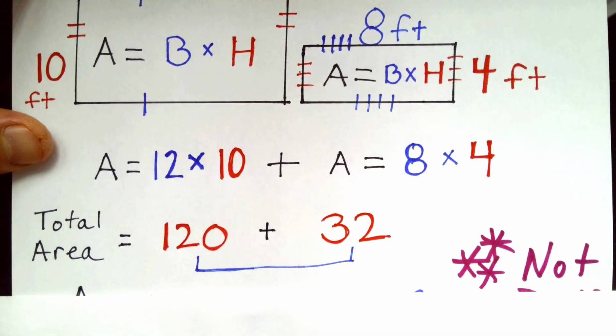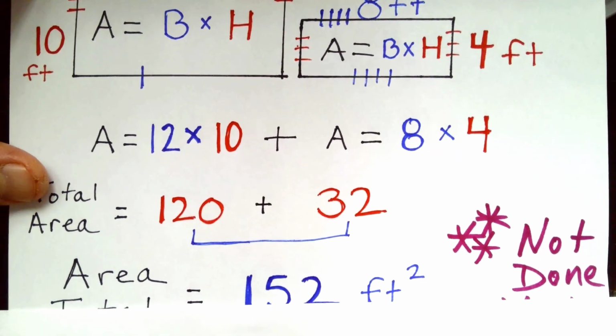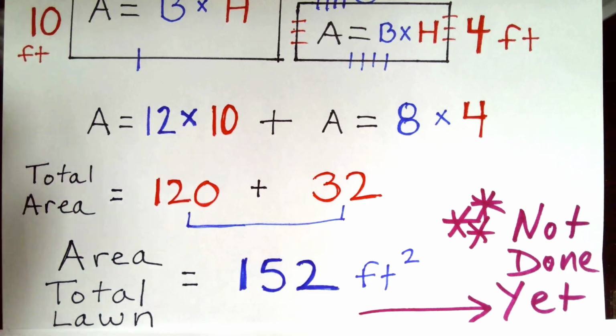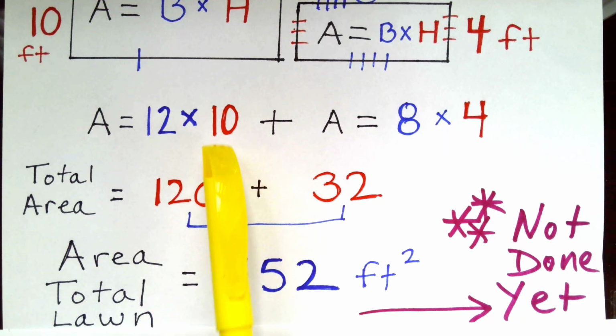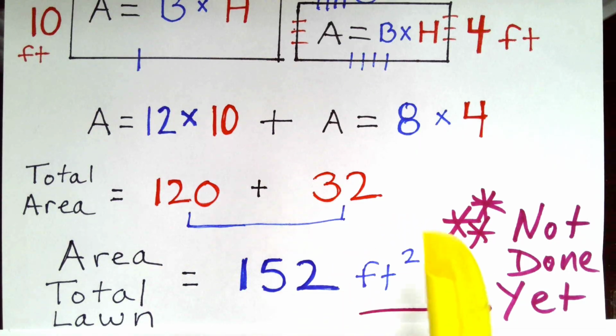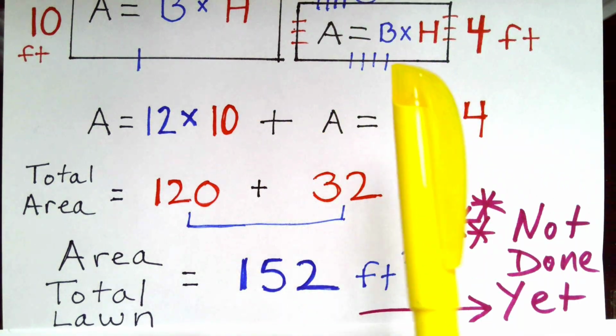We need to figure out the total area and then multiply that times the value of the fertilizer per square foot. So again, the area of this shape here is 12 times 10. That's 120 feet squared. Anytime you're talking about area, it's always going to be unit measurements, in this case feet squared, plus the area of the other rectangle.